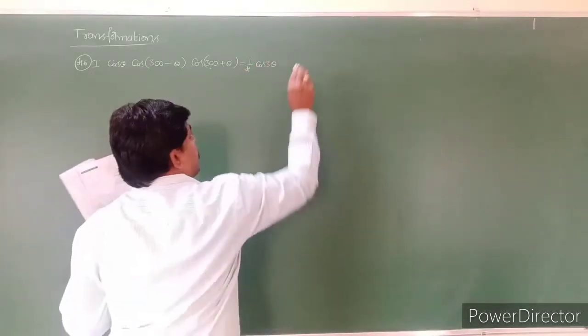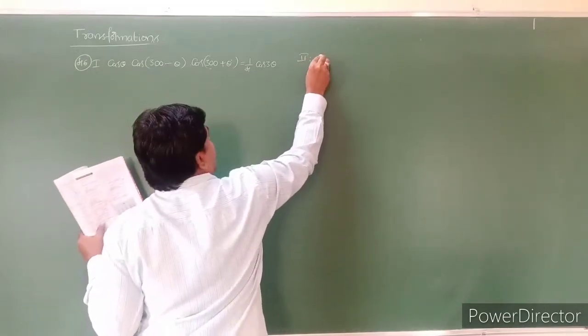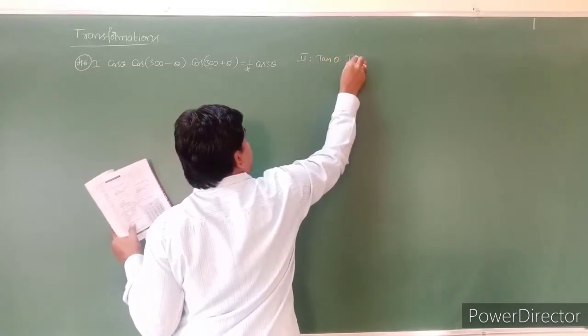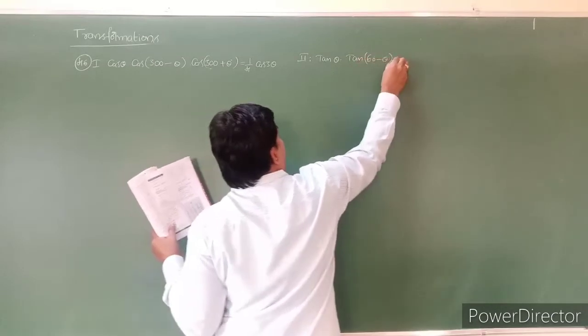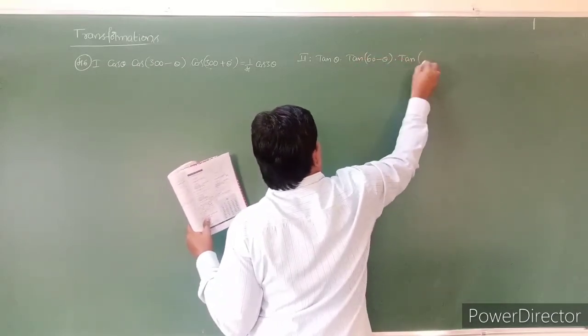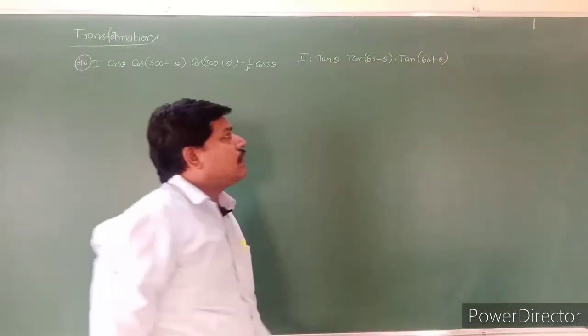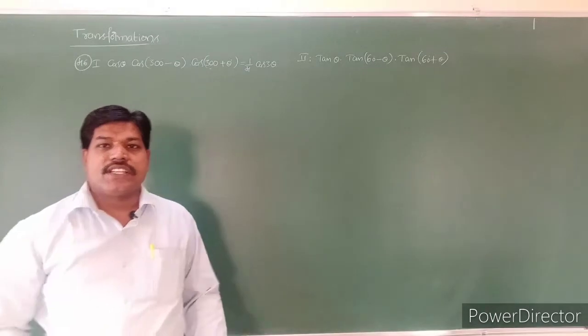And the second statement is tan theta into tan(60 minus theta) into tan(60 plus theta).